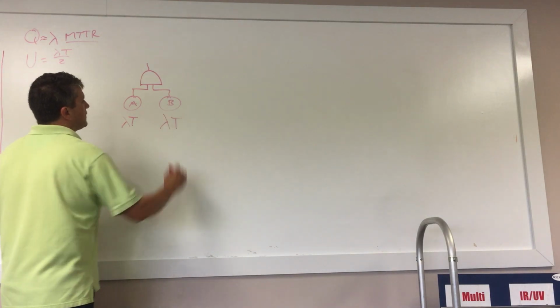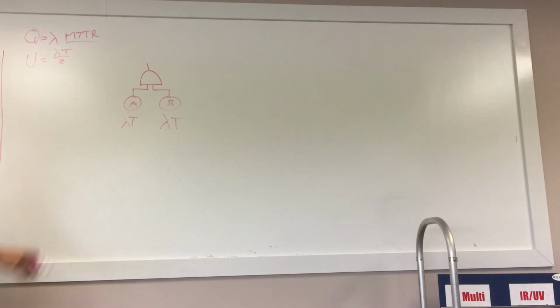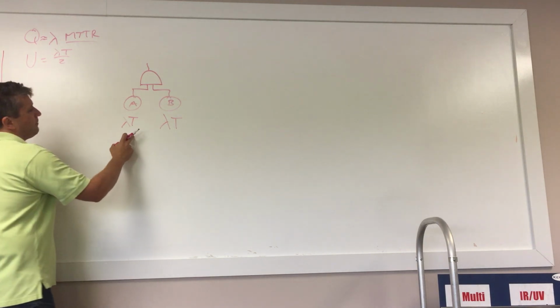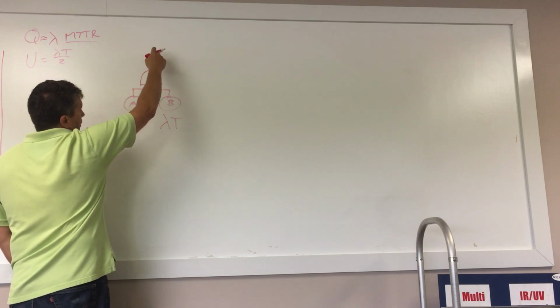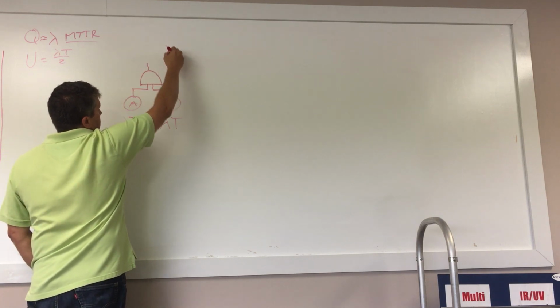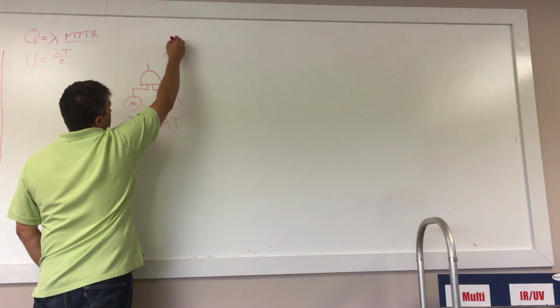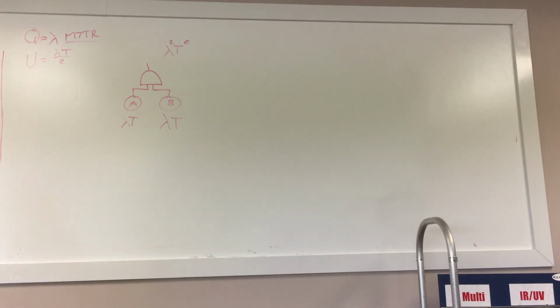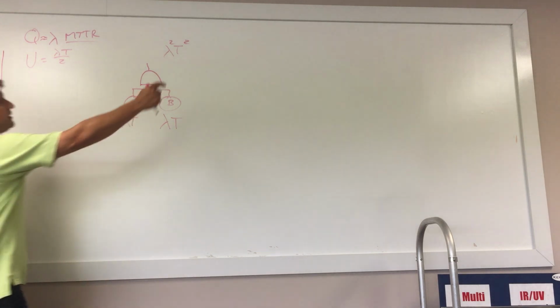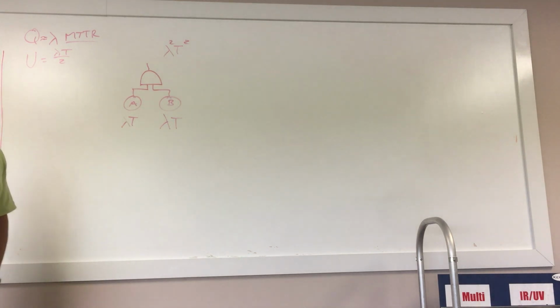So I know that at any point in time, my overall unreliability will be, well, let's just call it lambda squared t squared. Now, remember that calculus that we did to come up with lambda t over 2? We now need to do it to this guy.